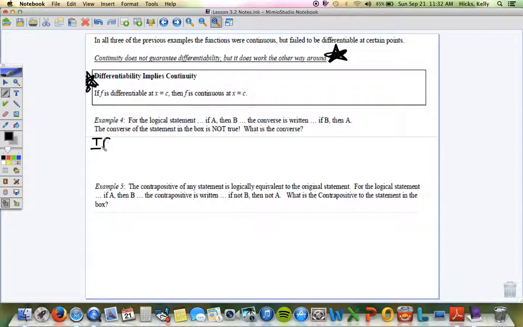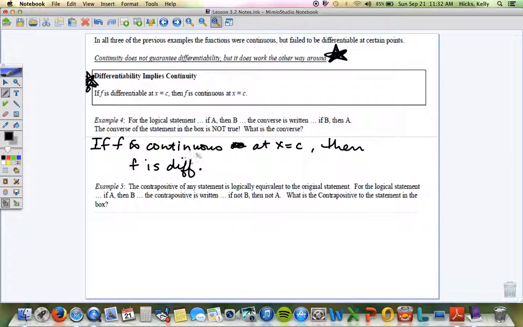It would say, if f is continuous at x equals c, then f is differentiable at x equals c. But hopefully you realize now that's not true. Just because a function is continuous at a point does not mean it's differentiable at that point. So I'll put a big cross through that.